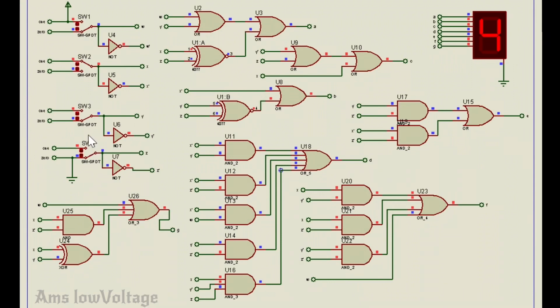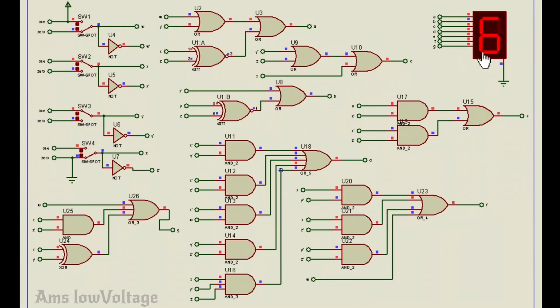So what about binary 5? That means 0 1 0 1. Wow, this is also working. Binary 5. So what about 6, 0 1 1 0?